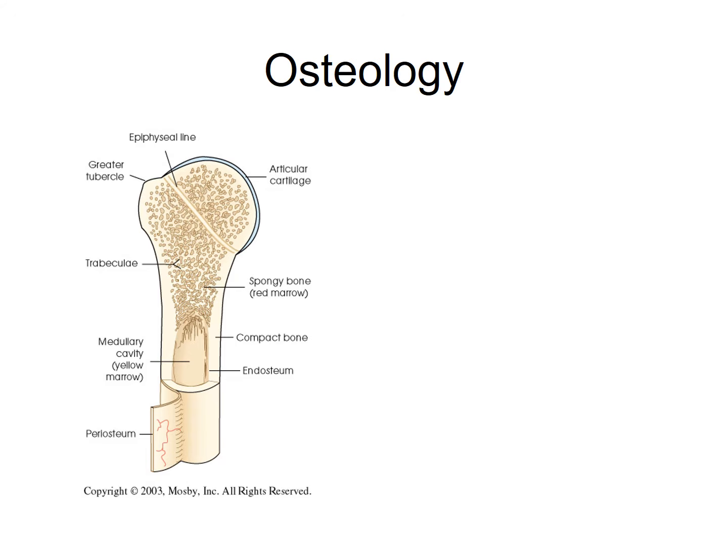That's the growth plate area. Around the bone, we've got a very hard covering called the periosteum. In your long bones, you also have a very large cavity down the middle of the bone, called the medullary cavity, and this is where your bone marrow is.